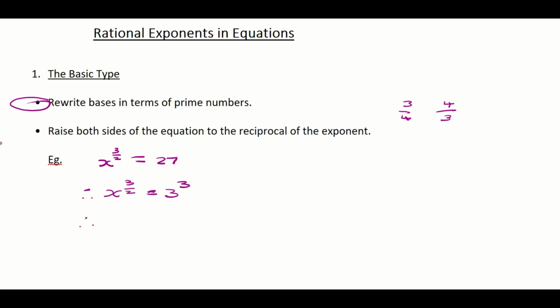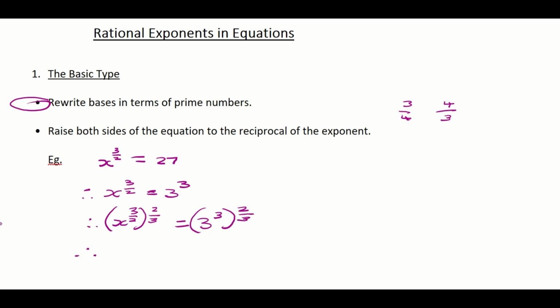Then you raise both sides of the equation to the reciprocal of the exponent. In this case, the exponent is 3/2, which means we've got to raise it to the power of 2/3. And what I do on the left-hand side, I've got to do on the right-hand side, which means I raise 3 cubed also to the power of 2/3.